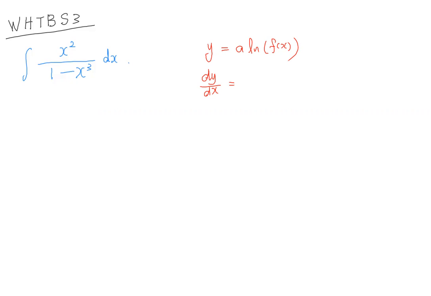Do you see the degree of denominator is 3, but the degree of the numerator is 2? Isn't it when you differentiate ln, you got this? And up here is f prime x. Am I right? So how are you going to find the integral of this?